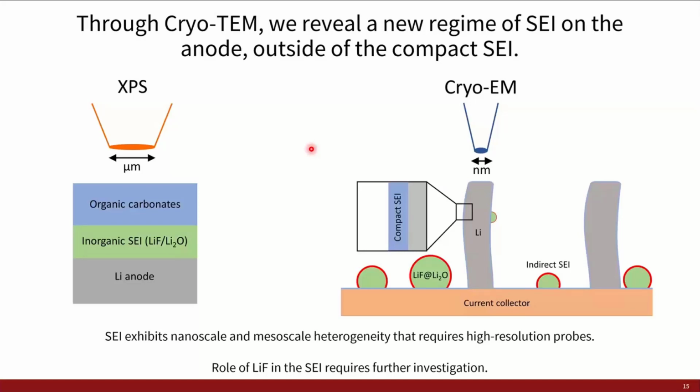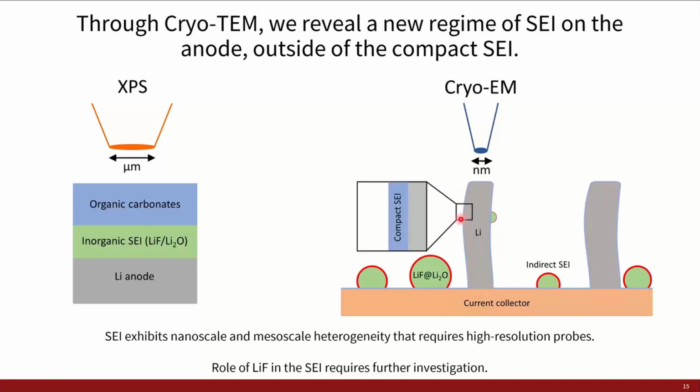From XPS alone, we are deriving SEI structures that are not quite accurate for what's truly going on within the very complicated battery system. But using cryo-TEM, we can resolve the nanoscale heterogeneity within the SEI and show the phase separation between the lithium fluorides and other inorganic materials within the SEI compared to the very compact SEI film that's coming down to passivate the actual lithium surface.